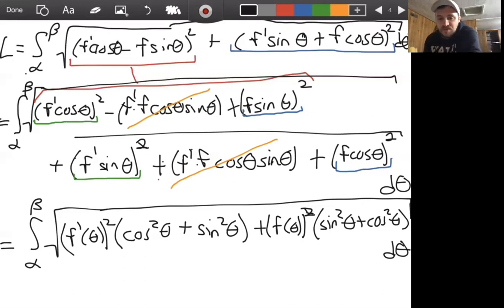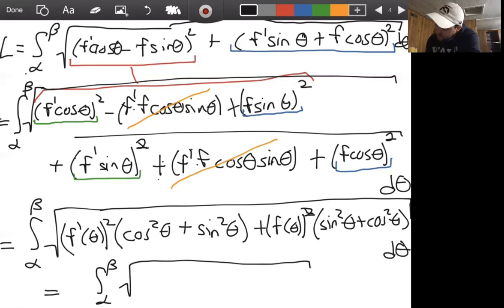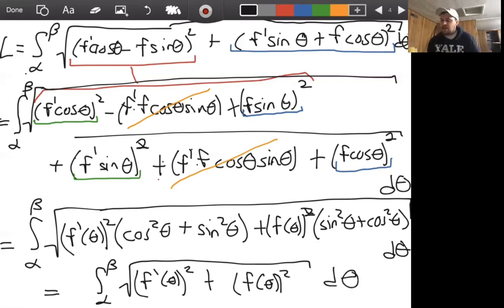But now we see that sine squared plus cosine squared is 1, right? And we have that appearing twice. So everywhere there's a cosine squared plus sine squared, we just replace that with 1. And that means our integral is now much simpler. And it becomes f prime of theta quantity squared plus f of theta quantity squared d theta. And now we have a much simpler formula for arc length in polar coordinates.